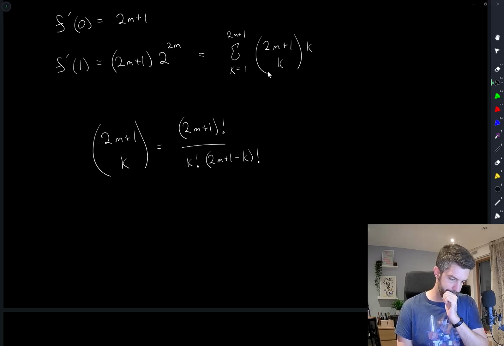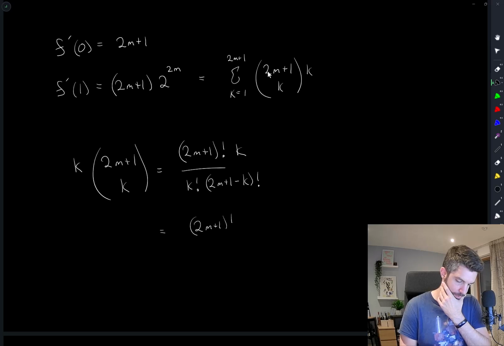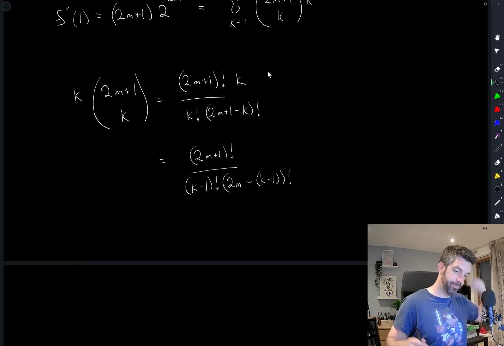And I'm seeing maybe some potential cancellations here. So if I now multiply by k, so that's just including that term, this is equal to (2m+1)! divided by (k-1)!(2m+1-k)!. I'm writing it like this because I'm seeing where some things might end up going.